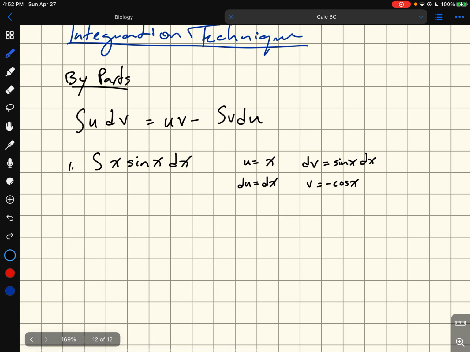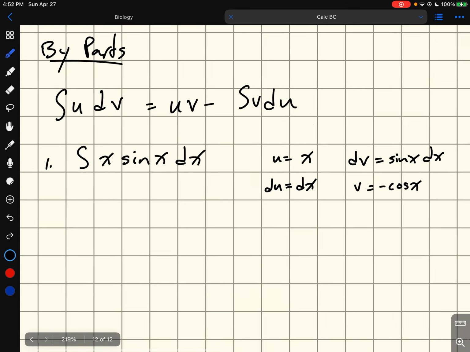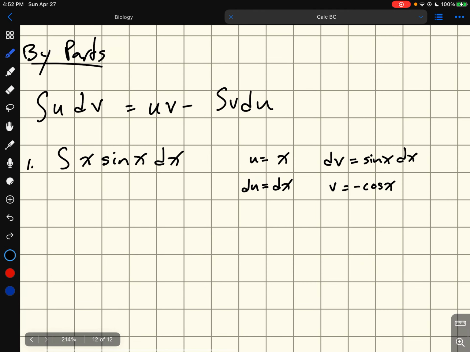Okay, cool. So now we just have to follow this format. We just plug everything into there. The way I remember it is you pair these together, and then you pair the new things together. So the single letters, just the u's, not dv, du, but just u and v, and then the new stuff that you just solve for.